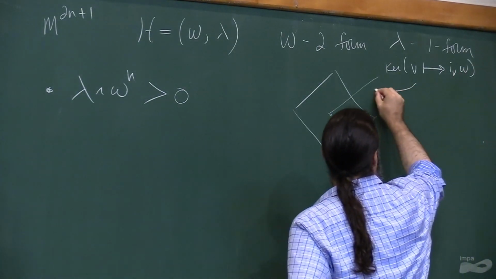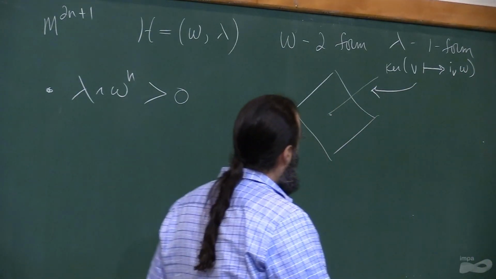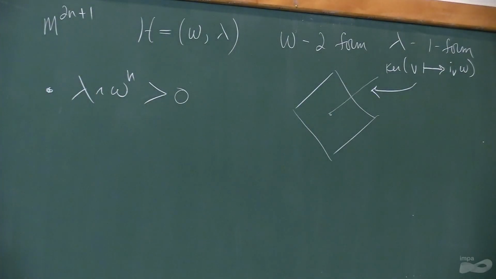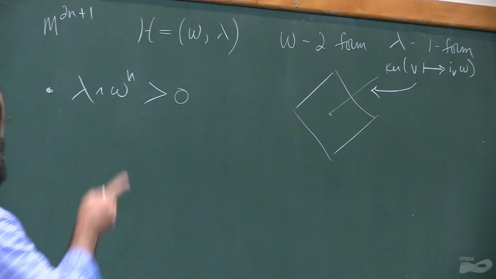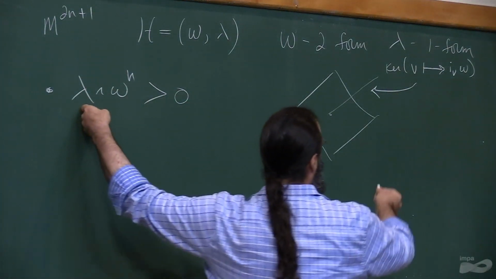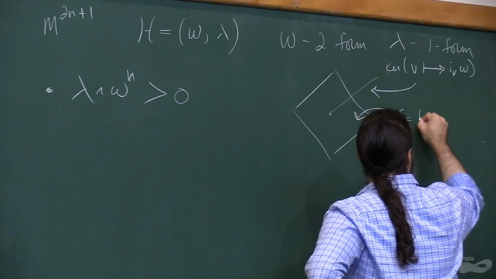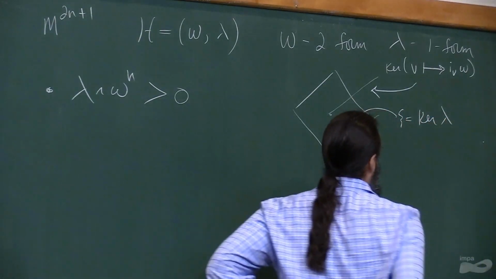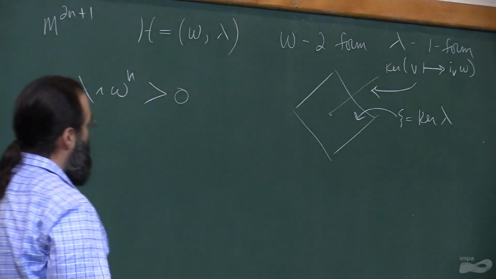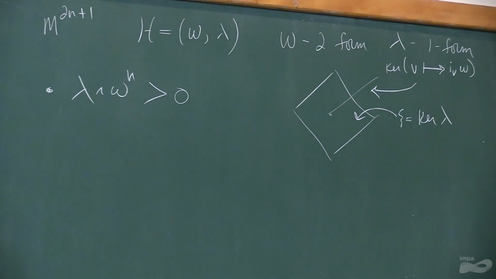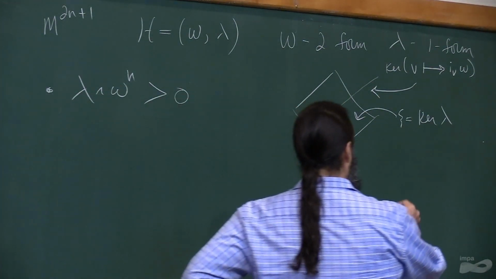That's one-dimensional. Okay, and then the kernel of omega. The kernel of lambda then will be a hyperplane transverse to this line bundle that's the kernel of omega.